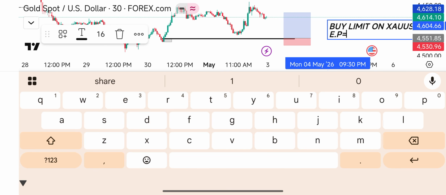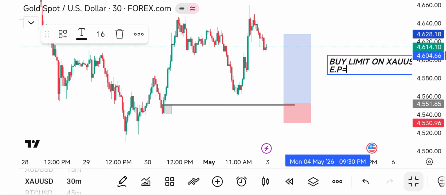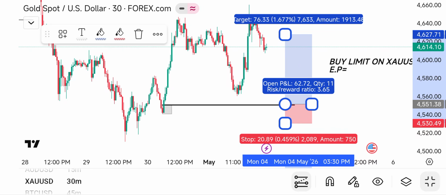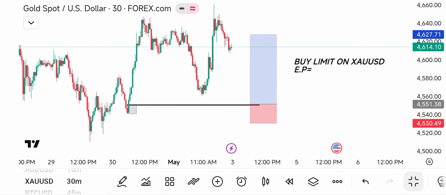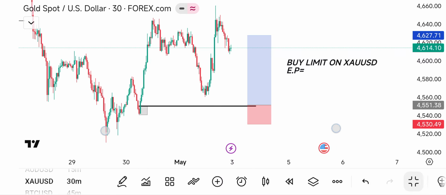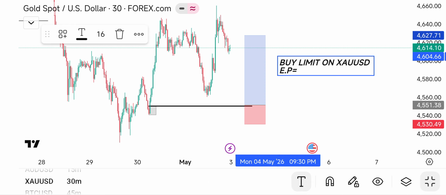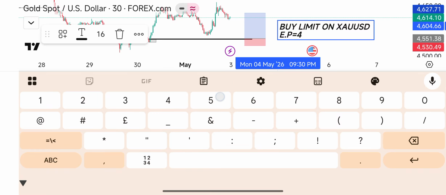The entry price is 4551. Let's adjust this. The entry price is 4551.38.